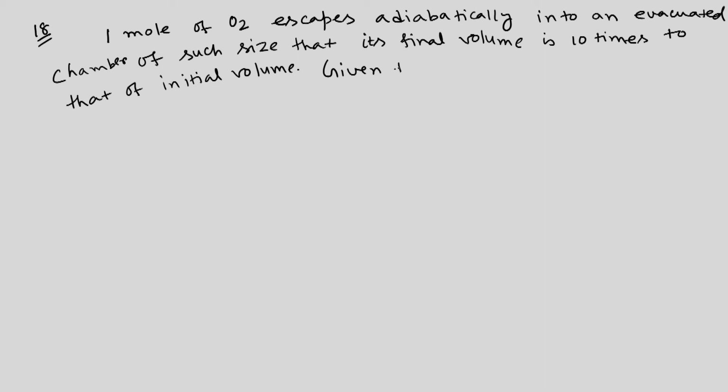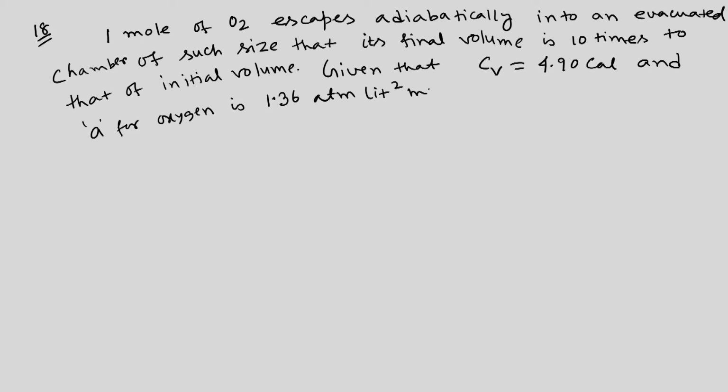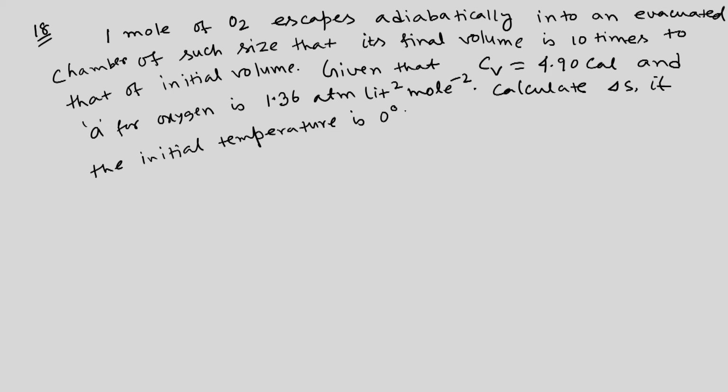Given that Cv equals 4.90 calorie and A for oxygen is 1.36 atmosphere liter squared mole to the minus 2, calculate delta S if the initial temperature is 0 degree Celsius.